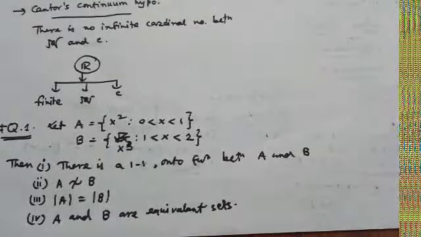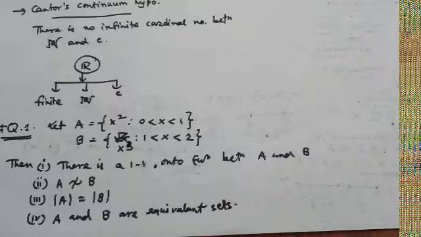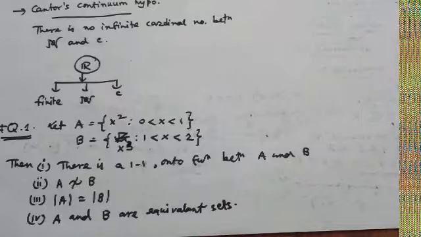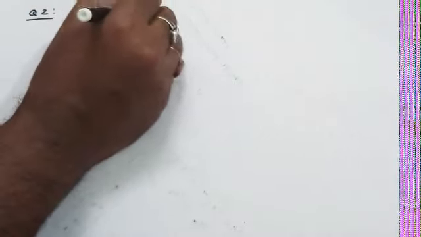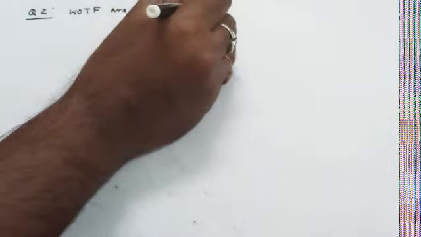Now take this first question and solve it. Let me know in the comment section. Now the next question, take it. Question 2: which of the following are equivalent to R?